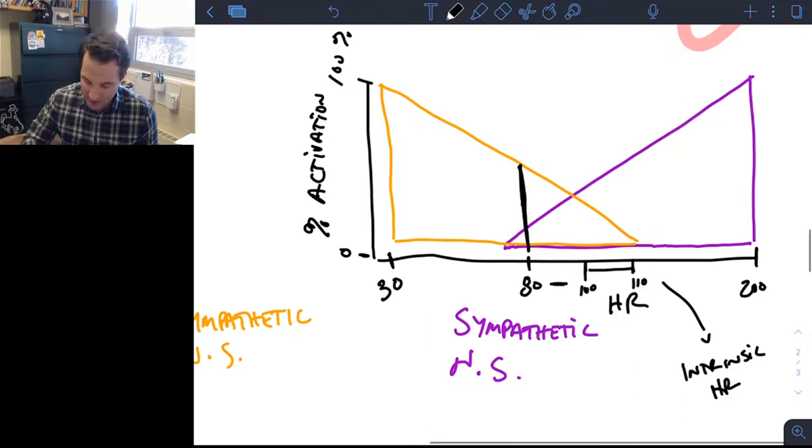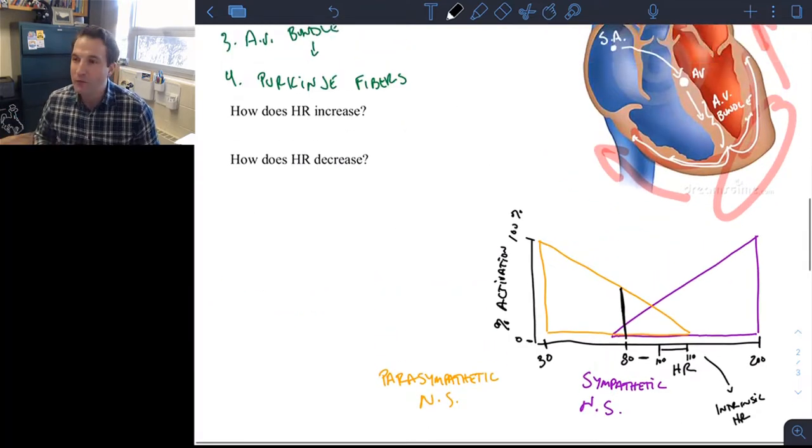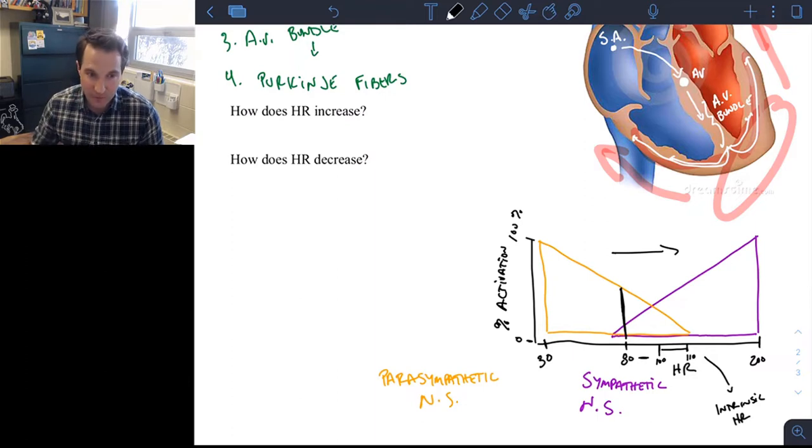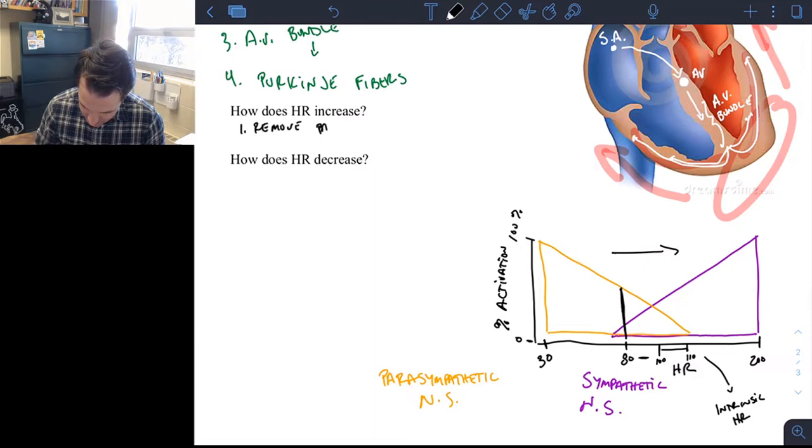So let's go back to our statement before of what do we do if we want to increase our heart rate. So if we want to move this way on our figure, what do we do? Well, the first thing we do is we just remove our parasympathetic. And the second thing we do is we're going to add some sympathetic.